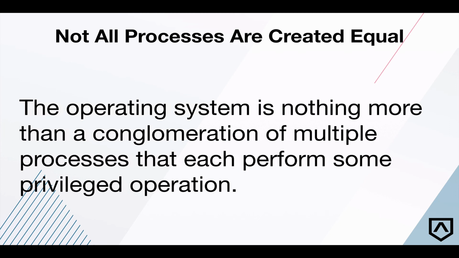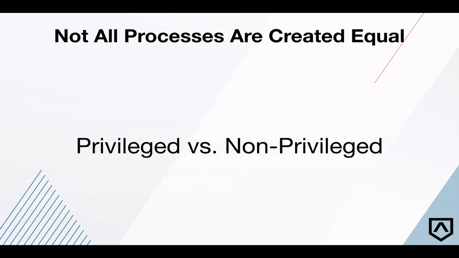The only difference in this case is that the processes that make up the operating system, you can consider them as quote-unquote privileged processes. Privileged here meaning that they are allowed to perform privileged operations. So of all the processes running on your machine, there's this notion of privileged versus non-privileged processes.